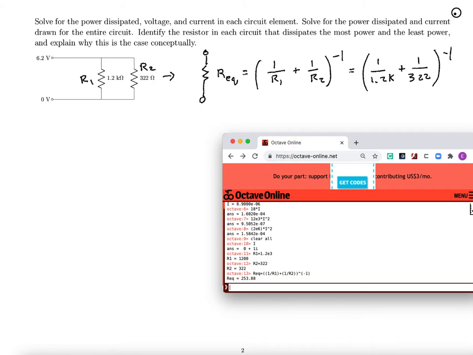And I get 253 ohms for this equivalent resistor value, 254 ohms.